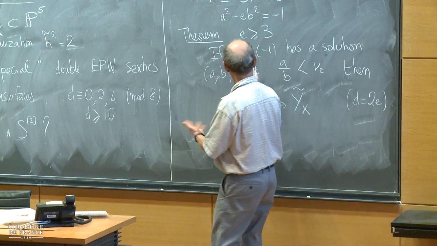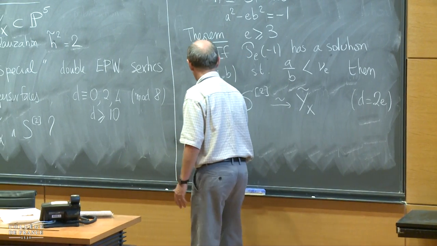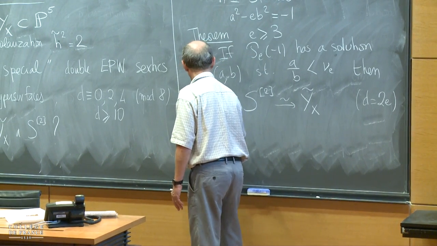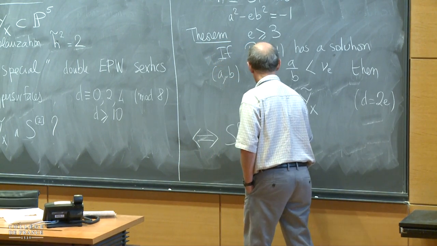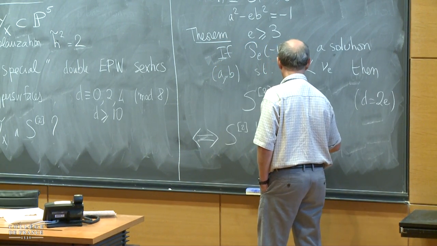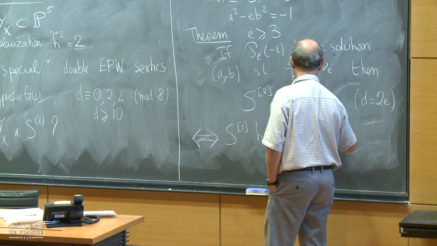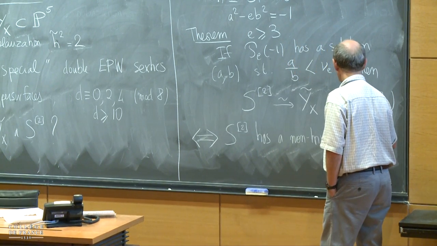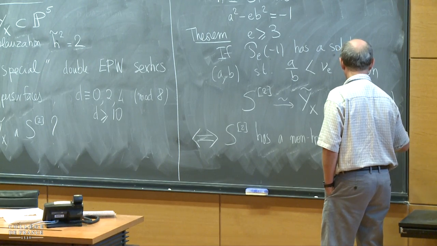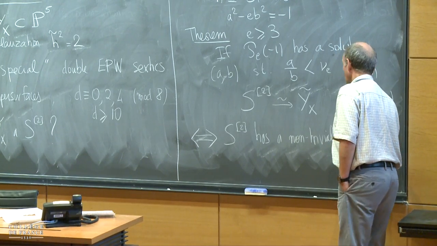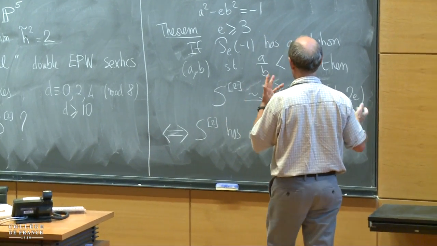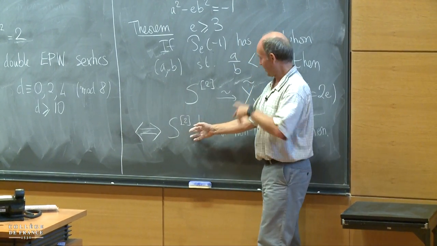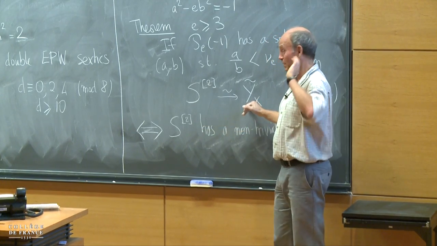So this is exactly equivalent to saying that this Hilbert square has a non-trivial involution. So in other words, the non-trivial Hilbert squares that have an involution are exactly the double EPW sextics.